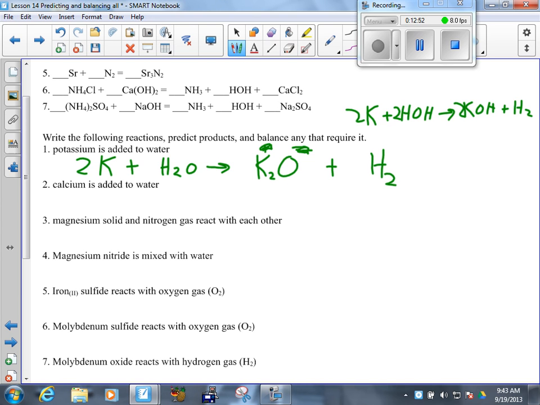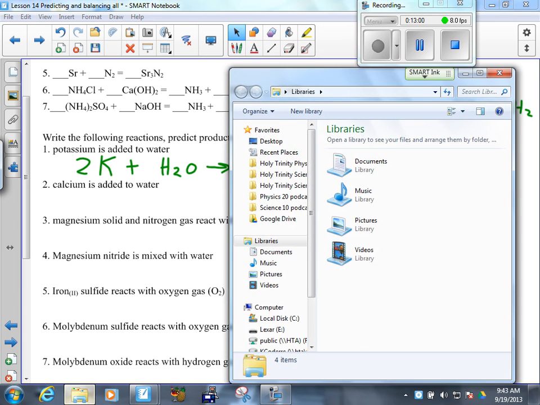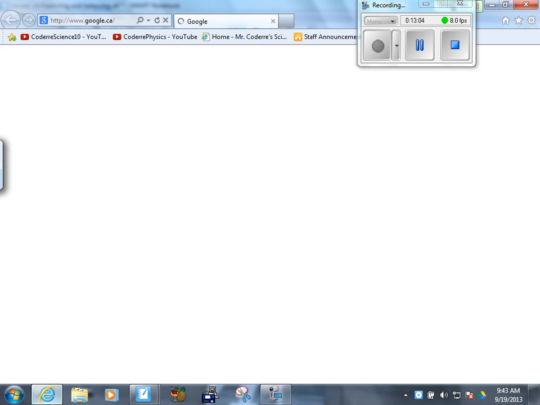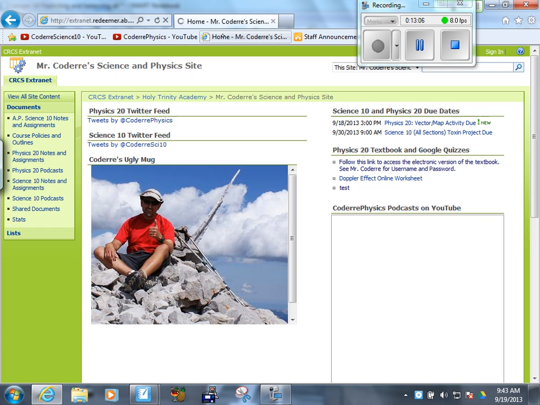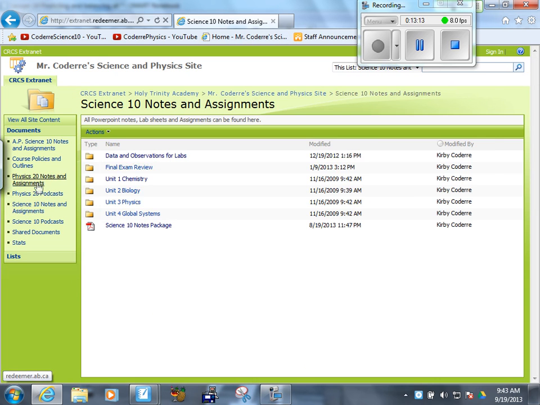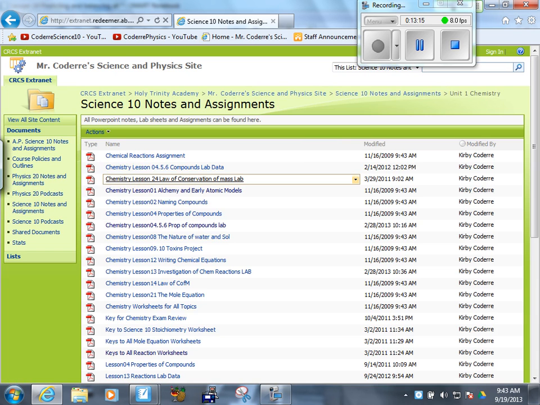The key is online. You go to that file on my website that's keys to all reaction worksheets. It's in there amongst the other ones. Science 10, notes and assignments, chemistry.